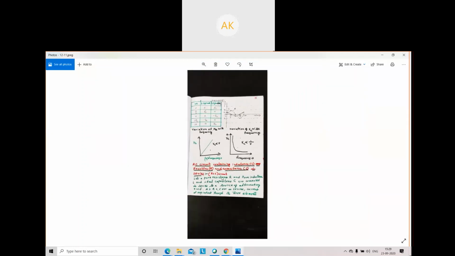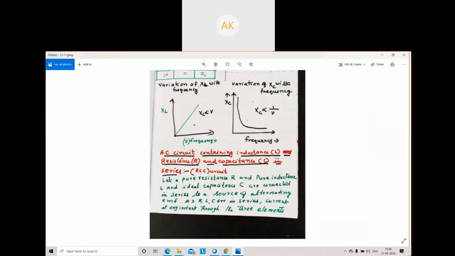Next is an AC circuit containing all the elements: inductance, resistance, and capacitance in series. It is a very important derivation. All the three elements are present, so it is asked as a 5-mark question. Which are they?